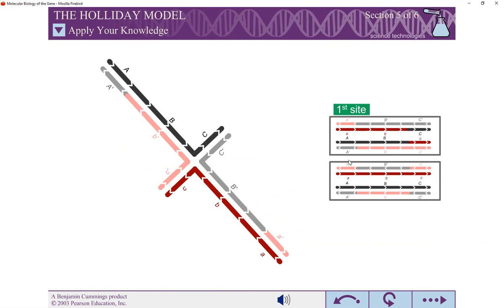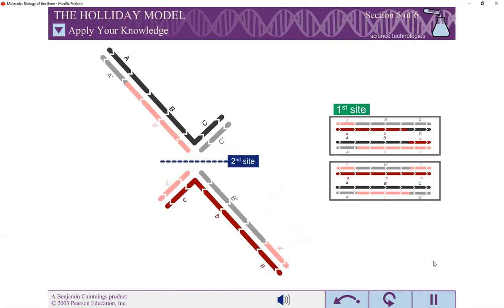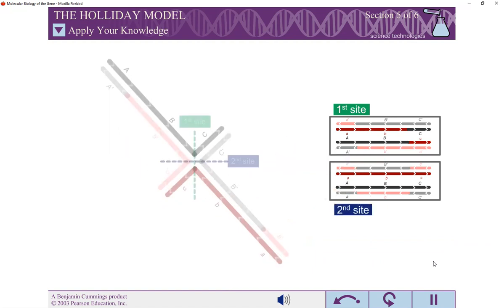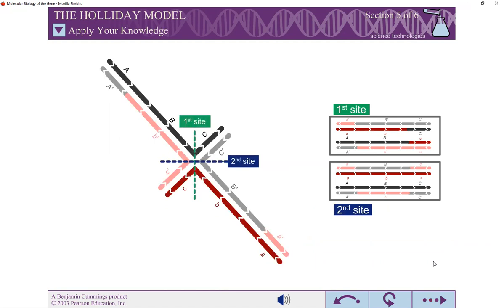In the patch, there is identical DNA and there is a heteroduplex DNA produced. This is how the DNA molecules are being resolved.